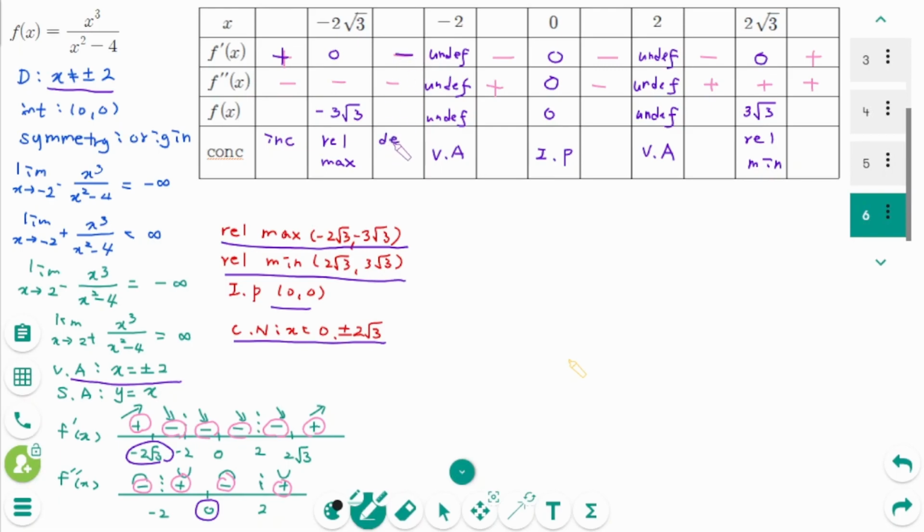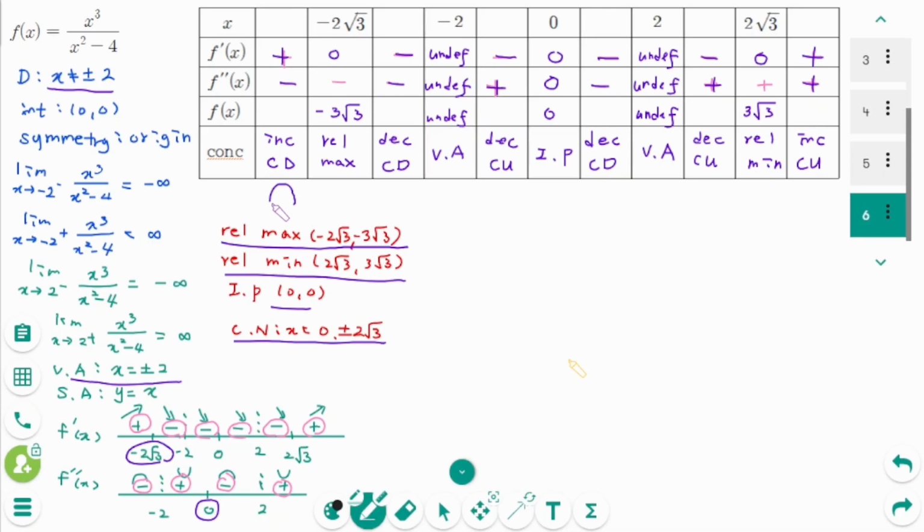Negative is decreasing, decreasing, decreasing, decreasing. Positive is increasing. If the second prime of x is negative, it is concave down, negative, concave down, positive, concave up, negative, concave down, positive, concave up, positive, concave up.